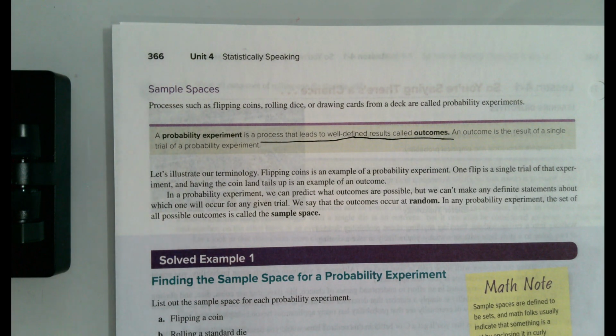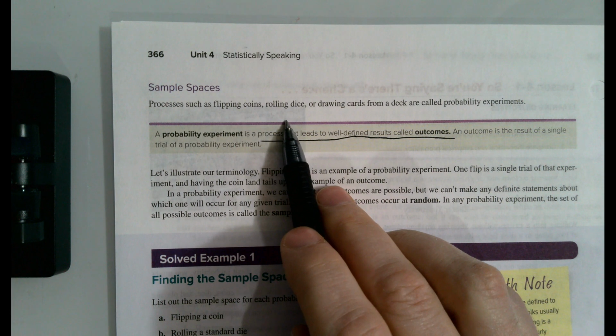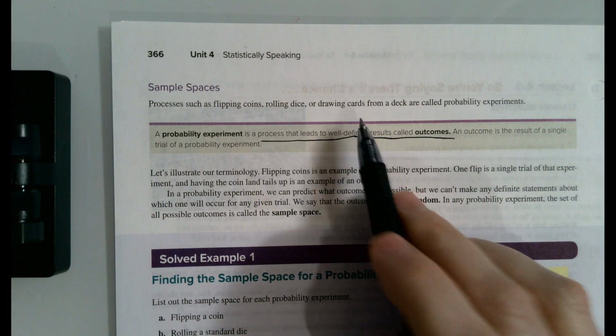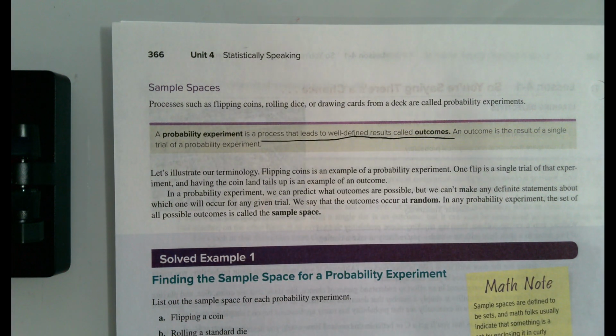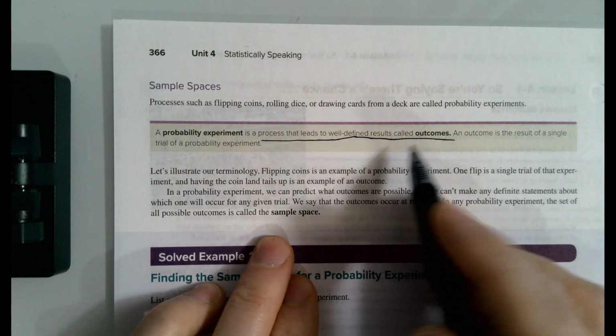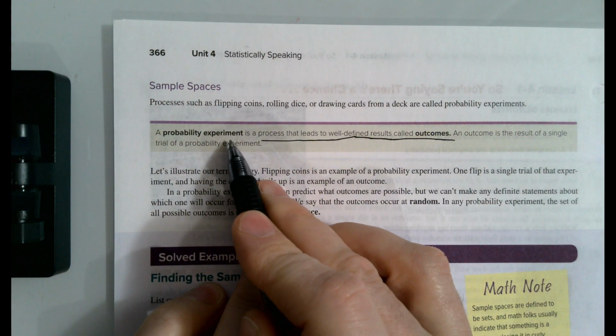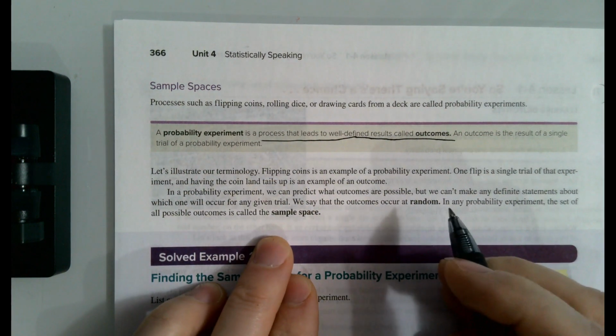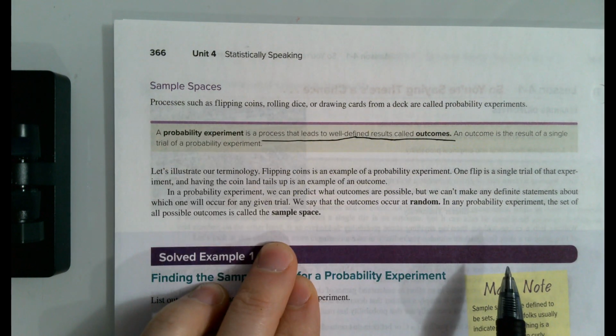So, such things as flipping a coin, rolling dice, drawing cards from a deck of cards, predicting the weather. Is it going to rain or not going to rain? That's a well-defined outcome. It will either be raining or not be raining. And for this experiment, we can list all of the outcomes. When we list all of them, we call that the sample space.